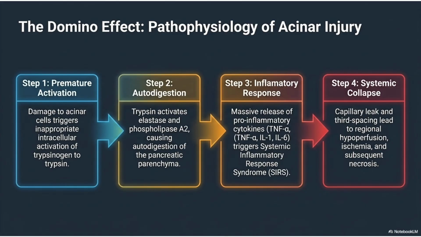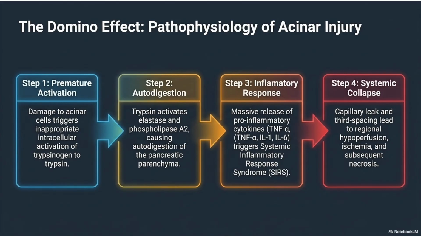That's how the damage to the pancreatic tissue converts into a massive release of pro-inflammatory cytokines, including TNF alpha, IL-6, IL-1, and that's going to constitute your SIRS response, which then the patients are going to present with, with all those worsening scores of BISAP and everything clinically. Step 4, systemic collapse.